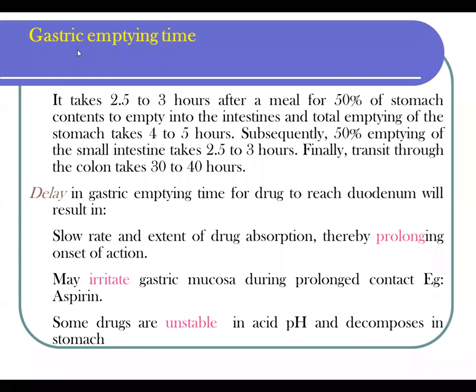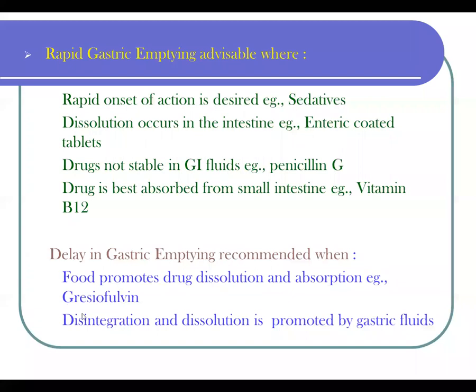We are trying to understand what gastric emptying time is. We got to know it is the time taken for the content to get emptied from the stomach. And what happens when it is delayed? We got to know this is what happens. The delay can be an advantage in the case of drugs which are poorly soluble, or drugs whose disintegration is dependent on the gastric fluid.